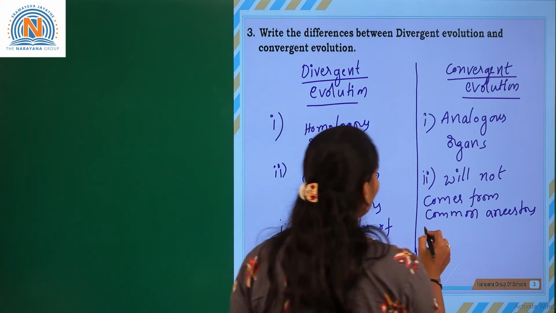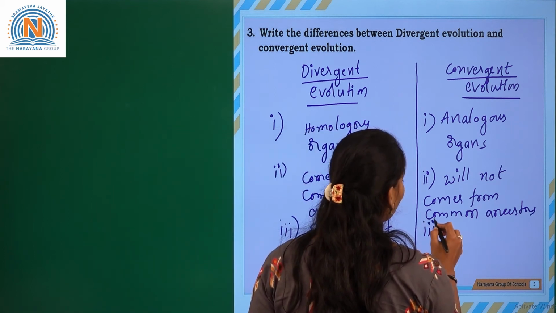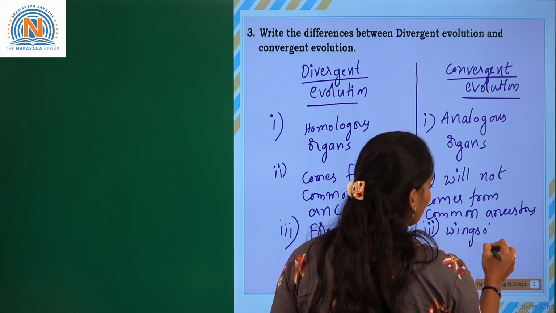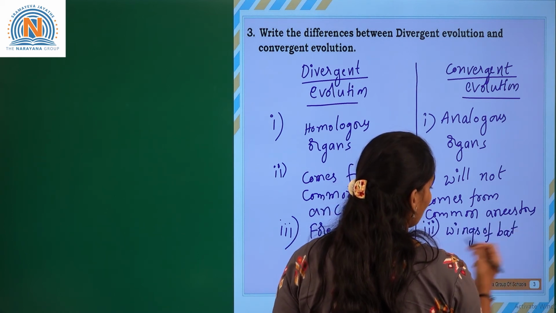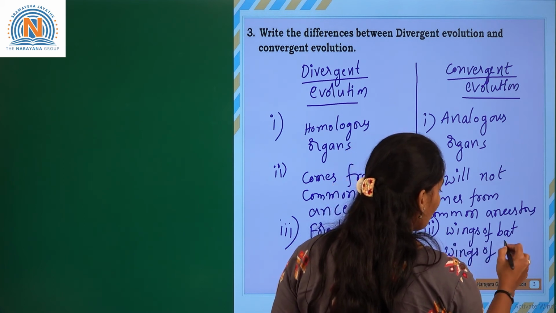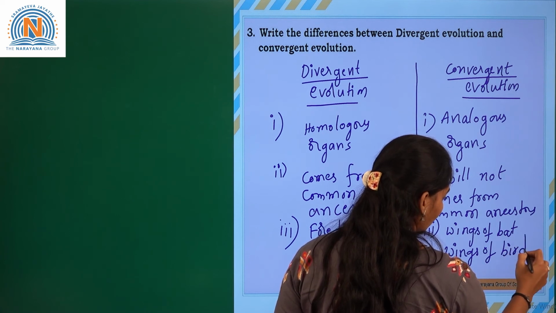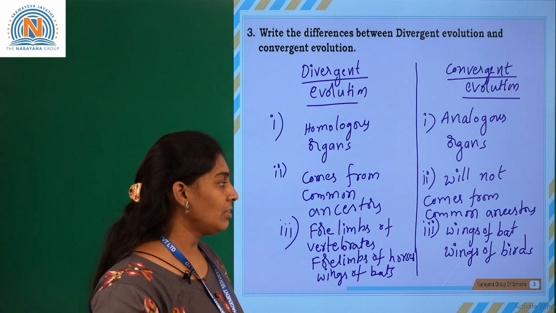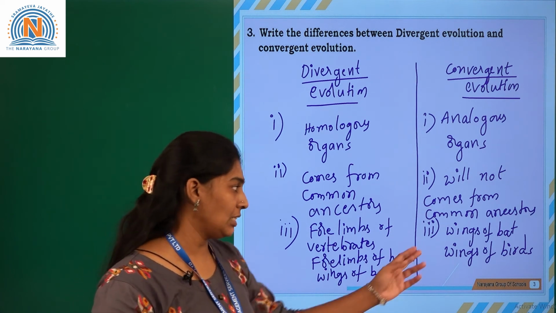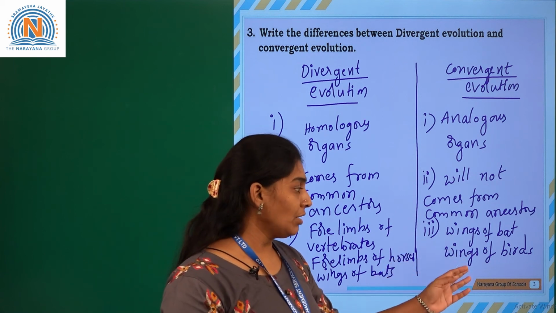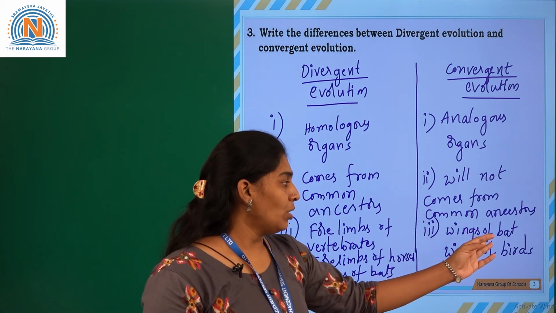But for the analogous example, wings of bat and wings of birds. Similar in their function, wings for flying, but different in structure.